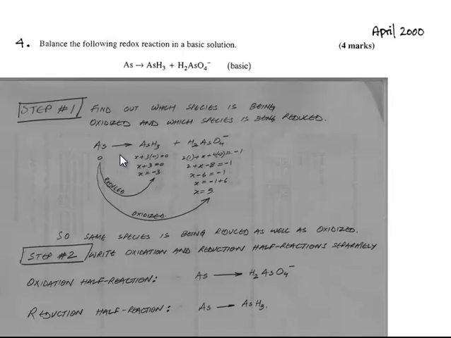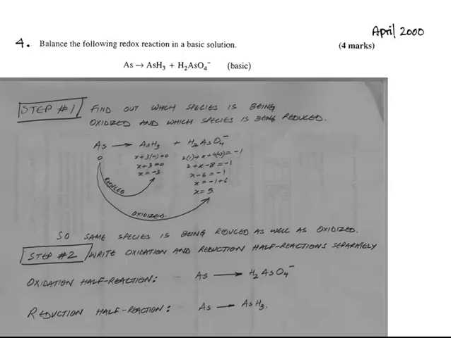So over here the reduction half reaction is As goes to AsH3, which is right here, and the oxidation half reaction, which is this one, is As to H2AsO4. So step 1 is we find out the oxidation number. Step 2 is we write down both the half reactions separately.